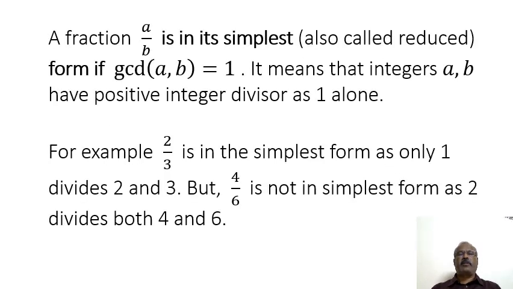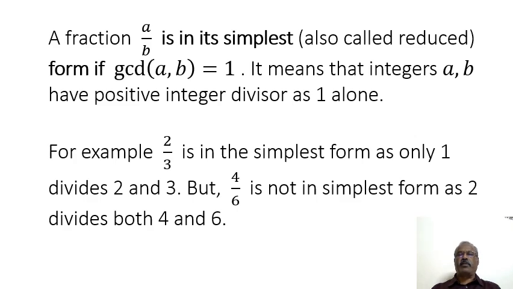A fraction a over b is in its simplest, also called reduced form, if GCD of a and b, that is GCD of the numerator and denominator, equals 1. It means that integers a and b have positive integer divisor 1 alone.